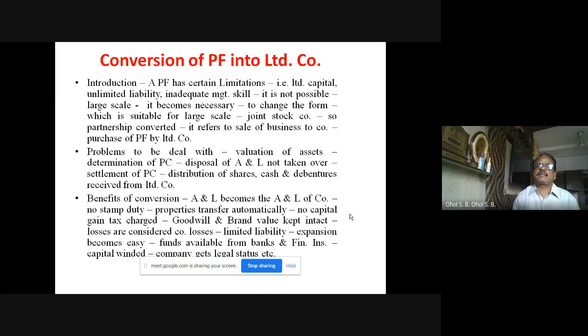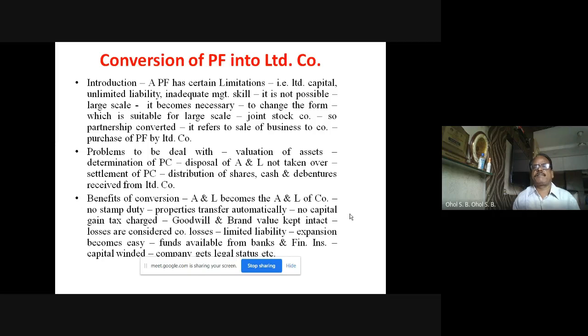These are the most important things, because the partnership firm has limitations in the business, but in conversion of partnership into a limited company, they can have a big playground, big opportunities, big markets, and large scale production is also possible.